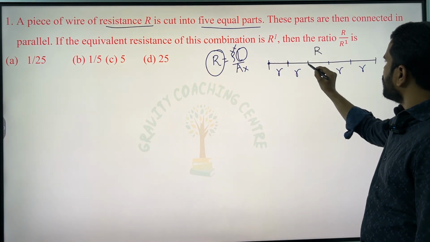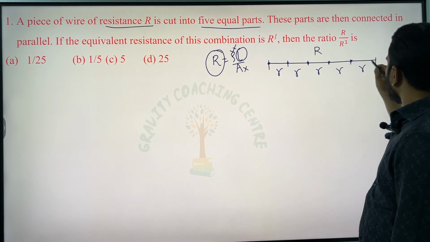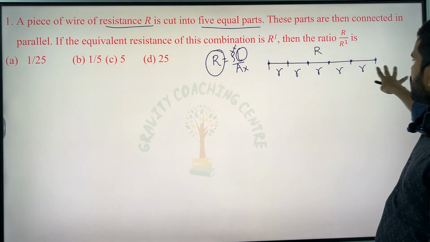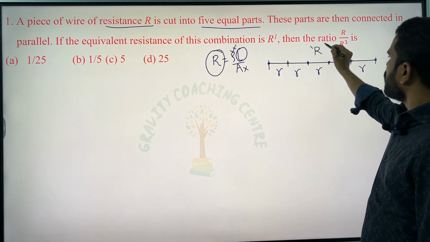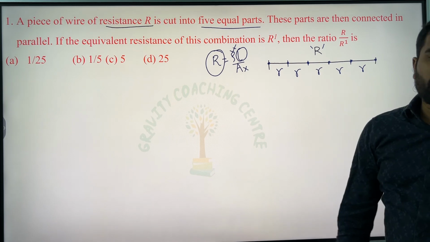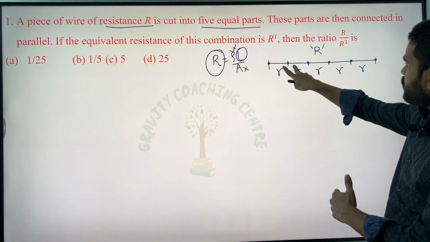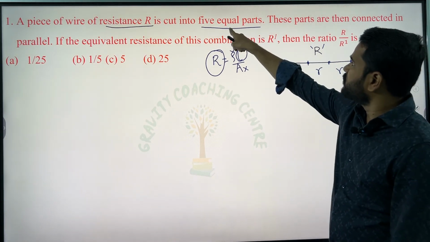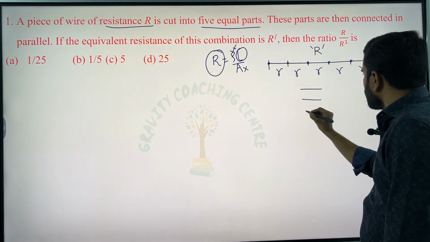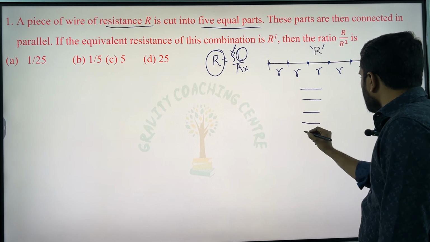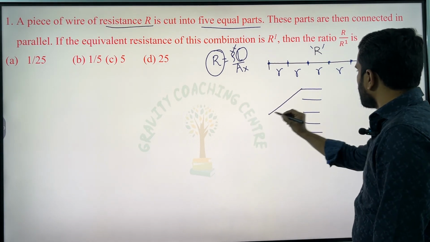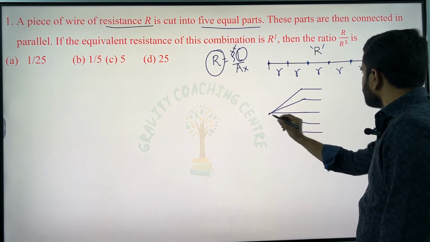Now see, it's interesting that this wire in the beginning was joined end to end, which means it was in series. So when it was in series, its equivalent resistance, the total wire's, was R. Now this cut 5 equal parts we have joined in parallel combination.